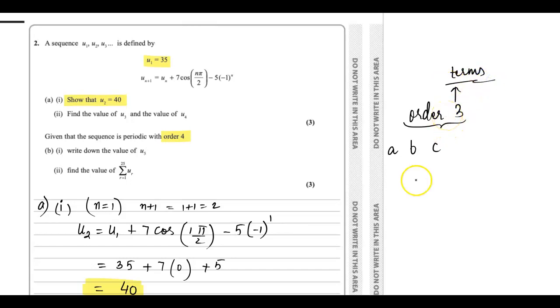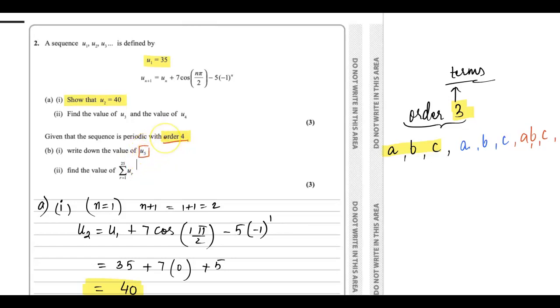After the third, the fourth term would be A, B, C, then again you're going to be getting A, B, C. I hope that makes sense. So order 3 means you have 3 terms in one single cycle, or each repeating cycle will have 3 terms. Right now it's order 4, and you have to find out the value of u5.